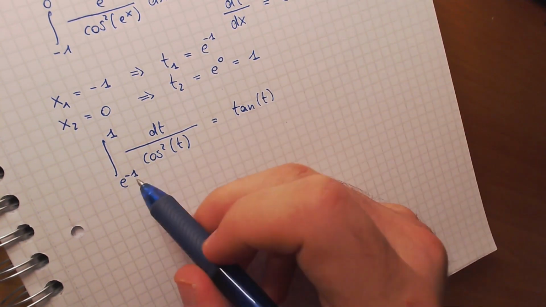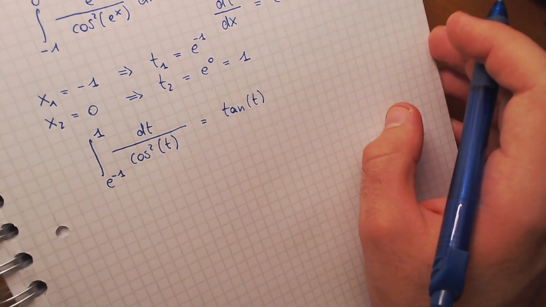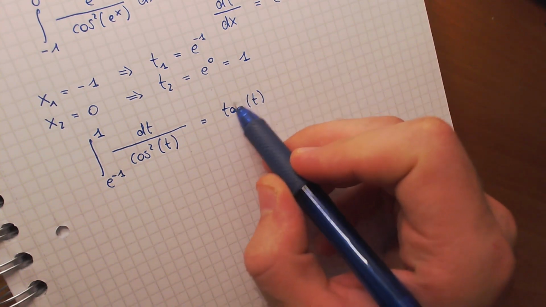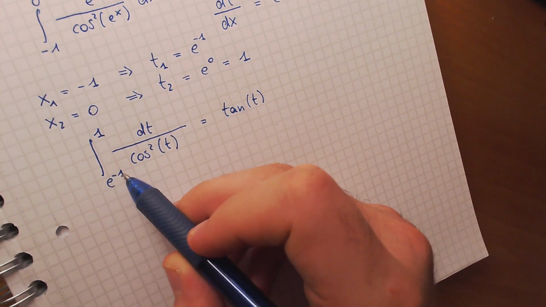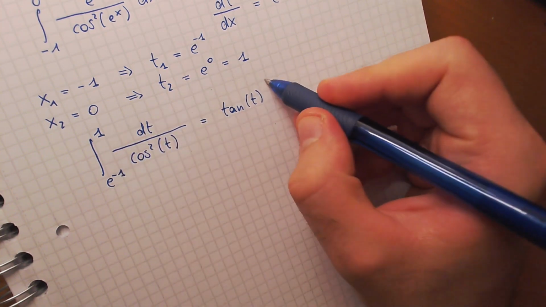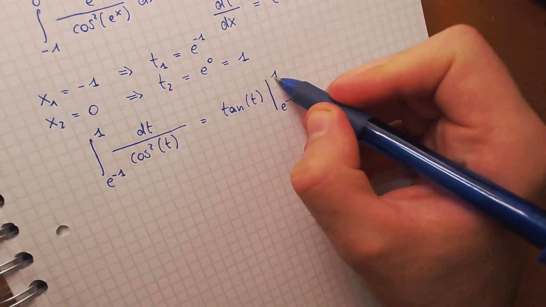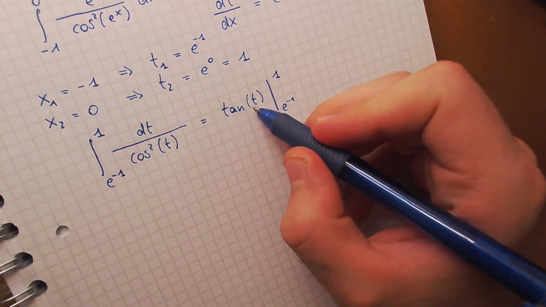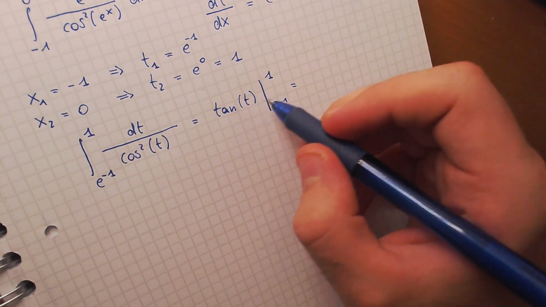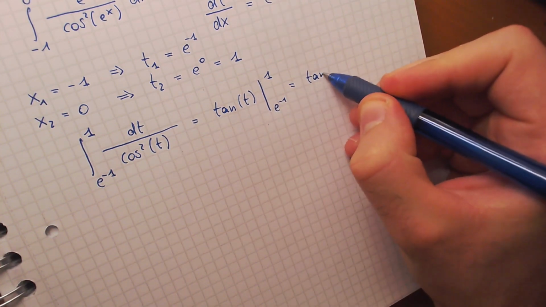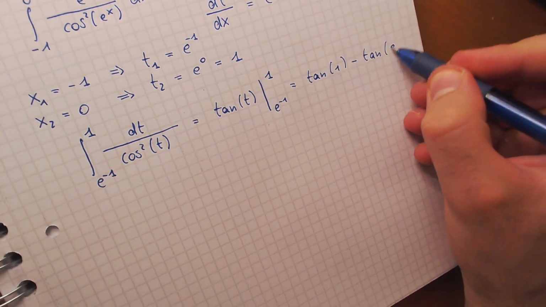And since this integral is definite, we have to study this function between e to the minus 1 and 1. So the result will be tangent of 1 minus tangent of e to the minus 1.